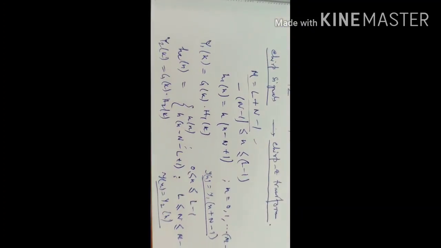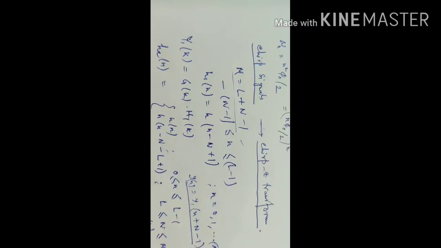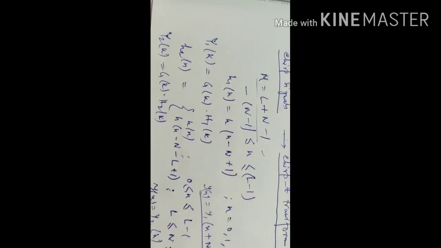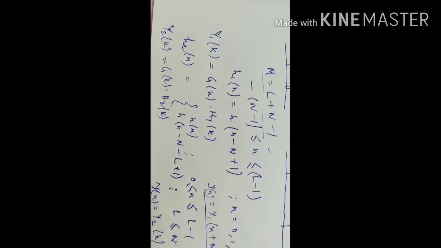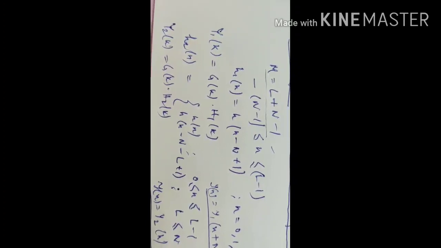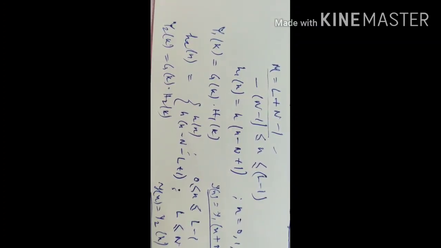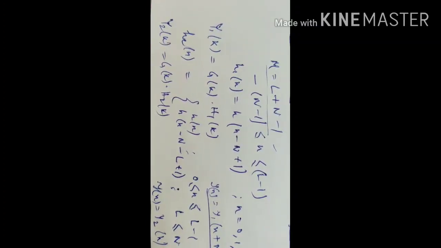So finally, the complex values of xzk are computed by dividing yk by hk, for k equal to 0 to L minus 1.